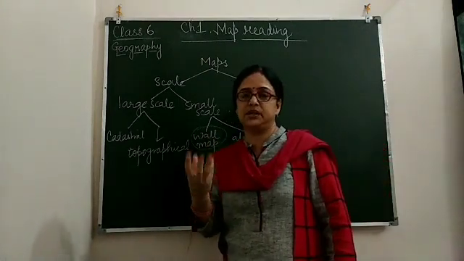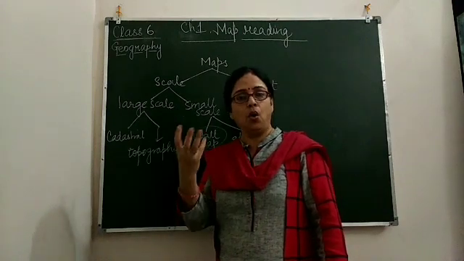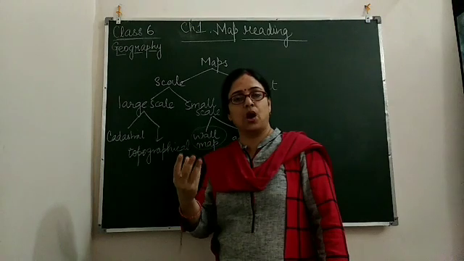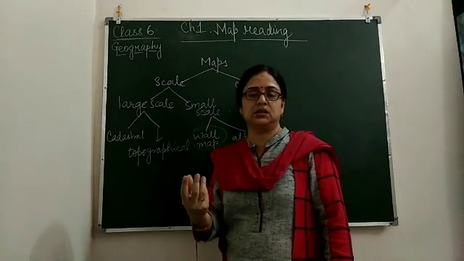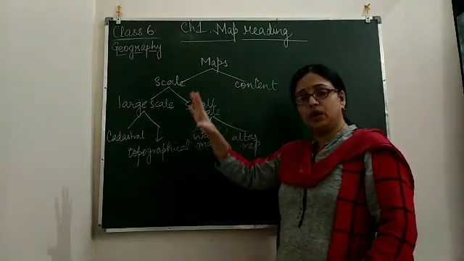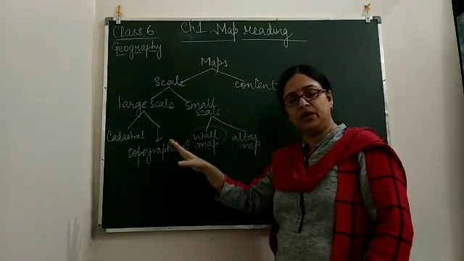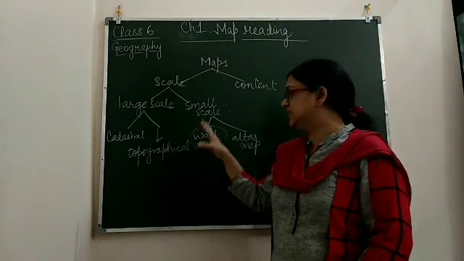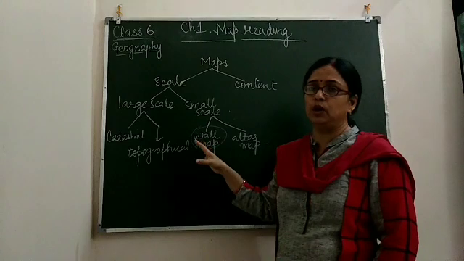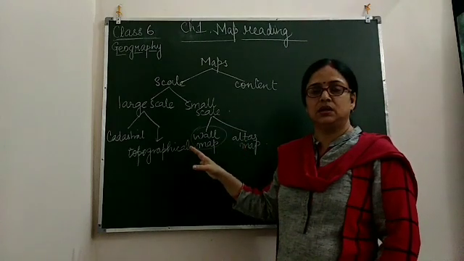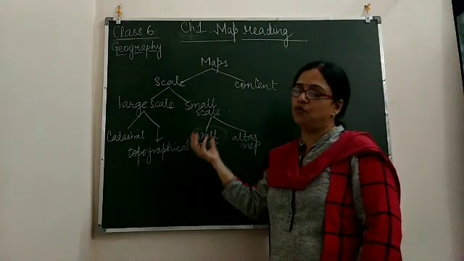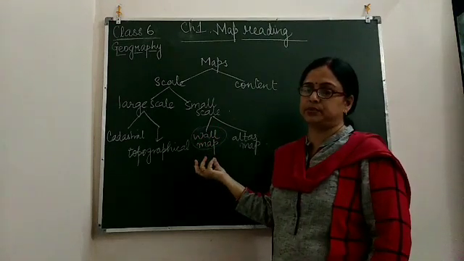They specially represent a country or a continent, along with its cities, towns, and capitals, of a continent, of a country, of a state. These maps are used specially for hanging in schools and offices, which we can hang on the wall. Those are called wall maps.